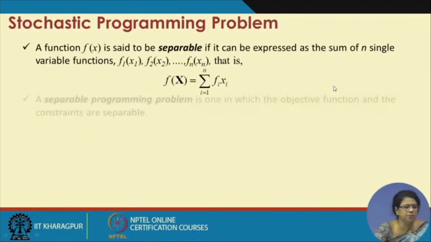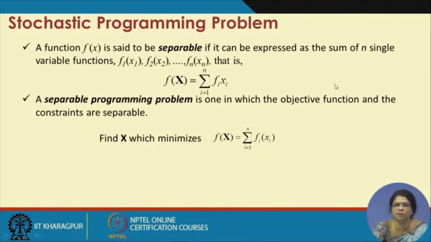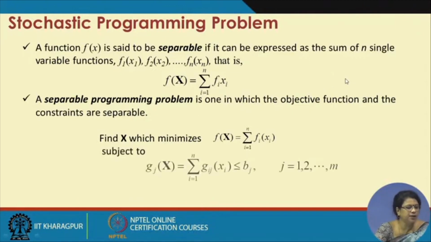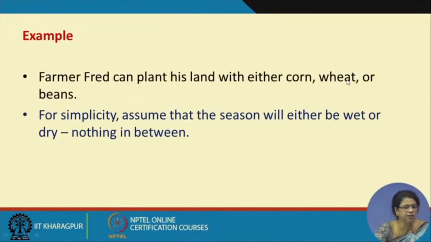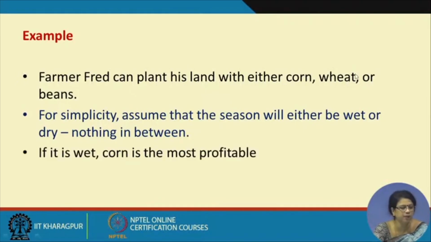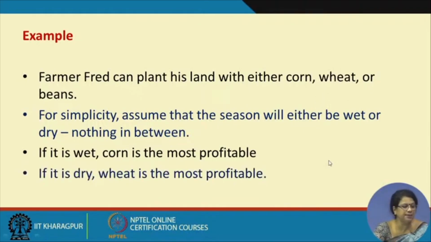And the stochastic programming problem is another variety, where the objective function and the constraint part may have decision variables which are probabilistic in nature.